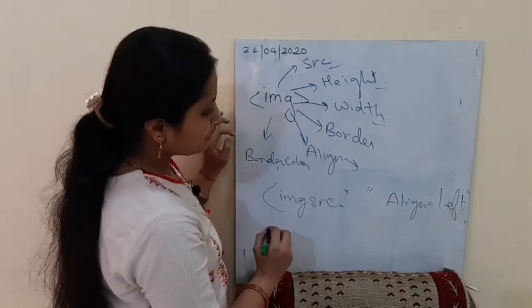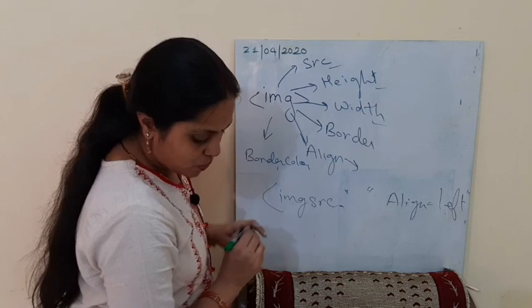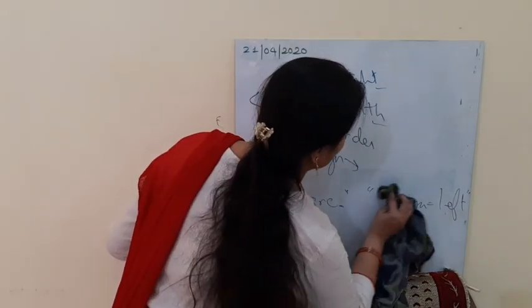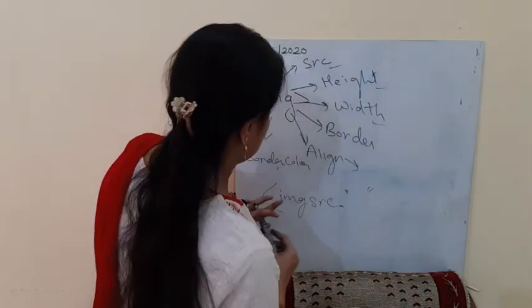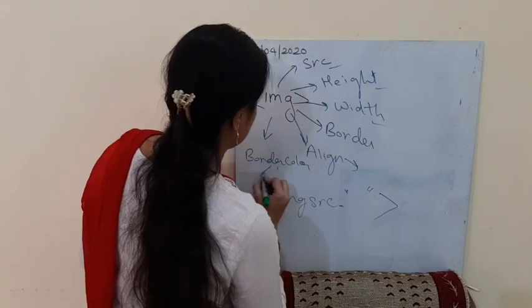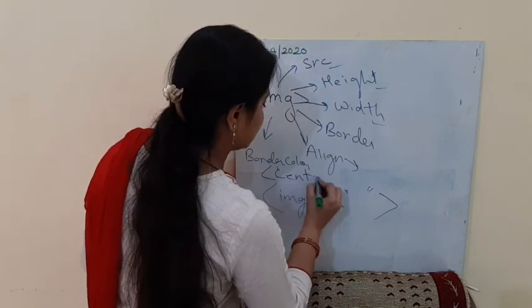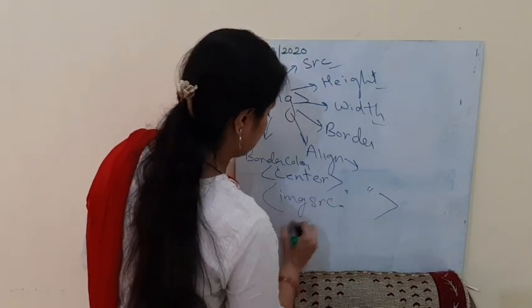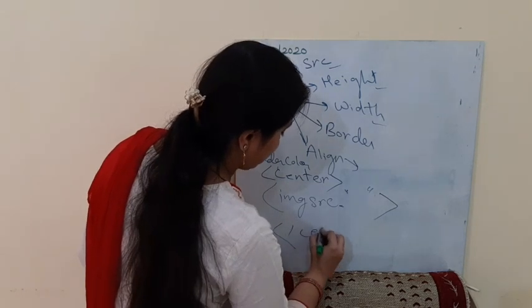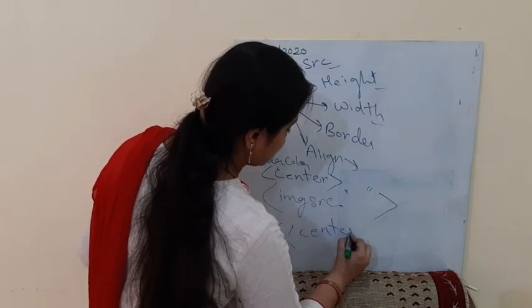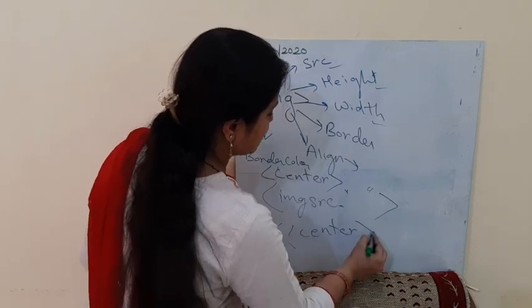So if I want to apply center, what I need to do is close this and use the center tag. So this is how we apply center alignment with this.